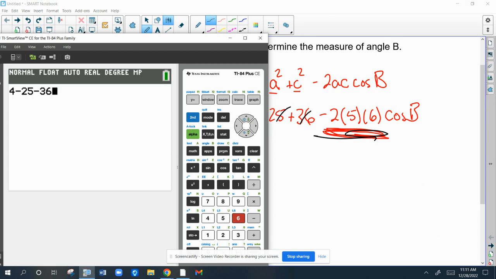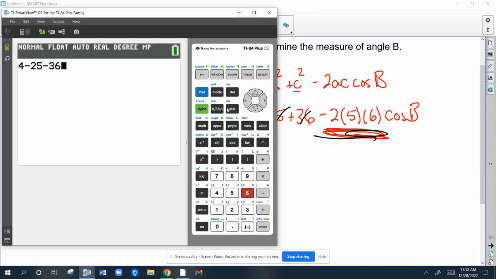So let's hit enter here. So now I'm going to hit divide by the quantity negative 2 times 5 times 6.